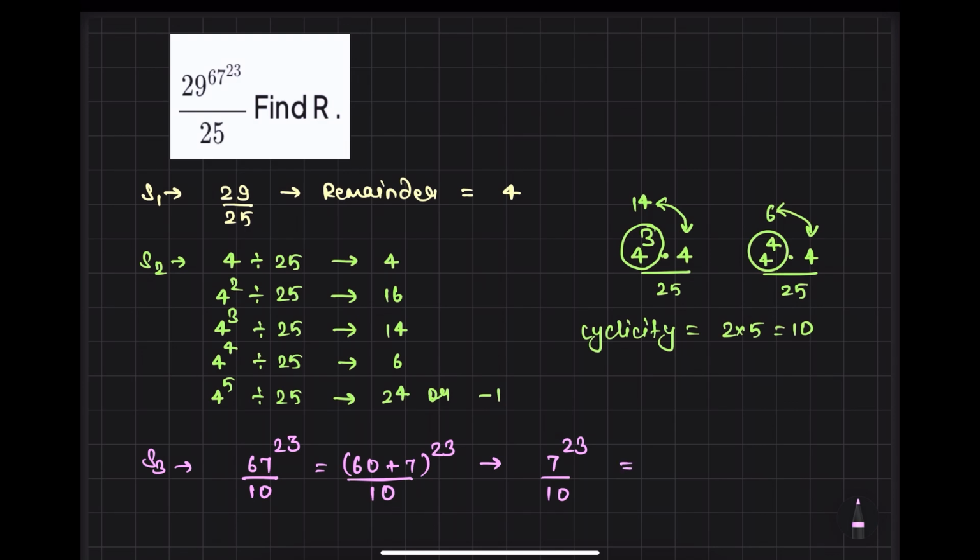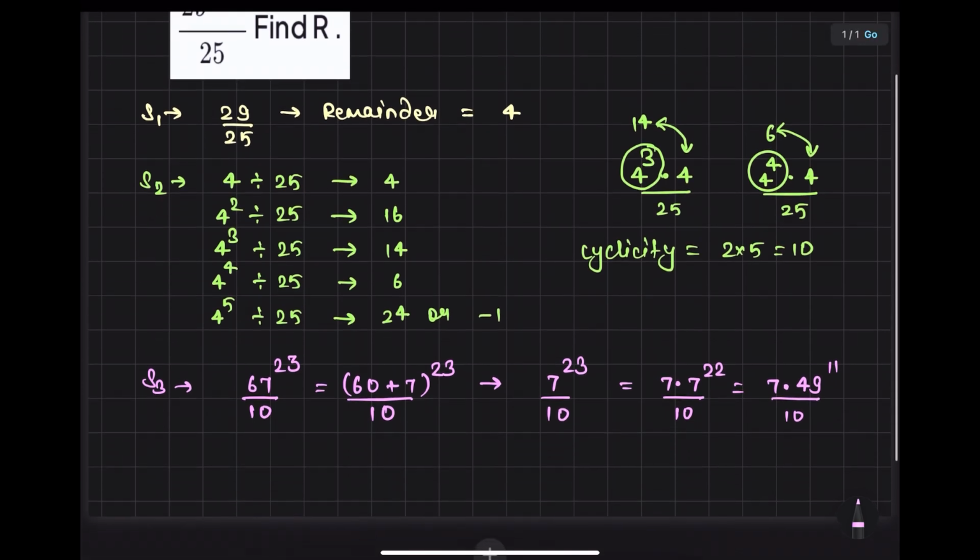So can I break this as 7 into 7 power 22 by 10, which is equal to 7 into 49 power 11 by 10? And can we write this as 7 times 50 minus 1 power 11 by 10?